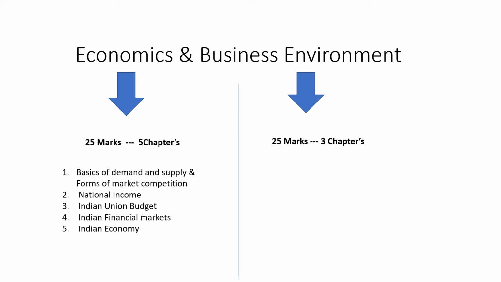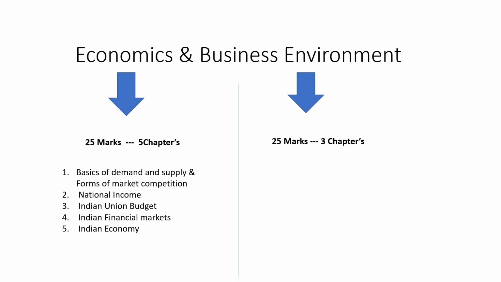Now, if you say about the overview syllabus about the economics, the first is basics of demand and supply and forms of market competition. I hope that all have passed their second PUC examination, and I think in your second PUC you have learned a basic term on what is demand, what is supply, what are the forms of the market, and everything.